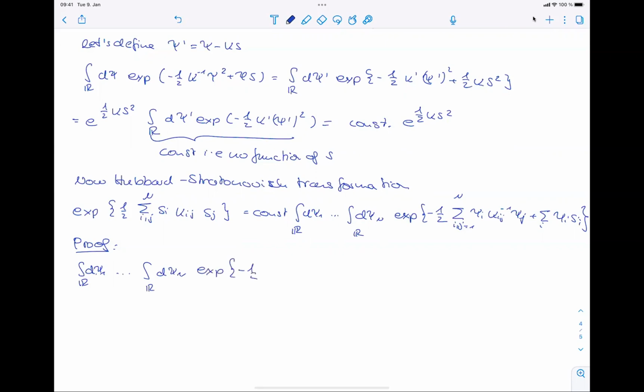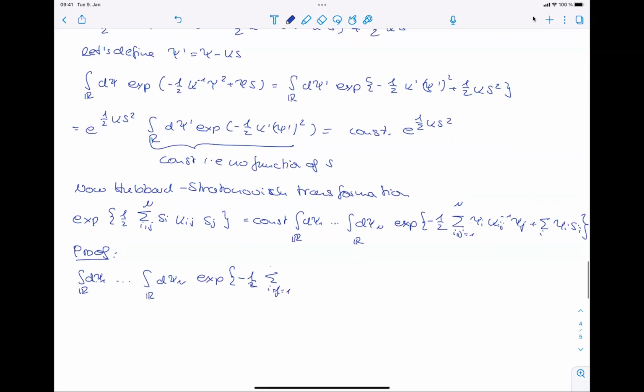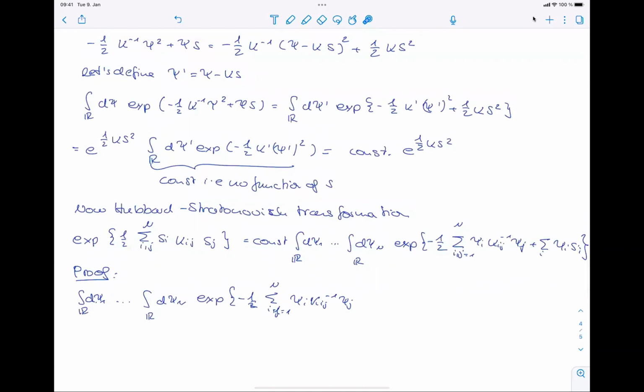But if we start now with this right-hand side, where we have all spins on the lattice considered, K_ij inverse psi_j, I can already do the same rescaling as before, minus K s. So what I have here is psi_i minus the sum over L of K_iL s_L, times K_ij inverse, times psi_j minus the sum over L of K_jL s_L.